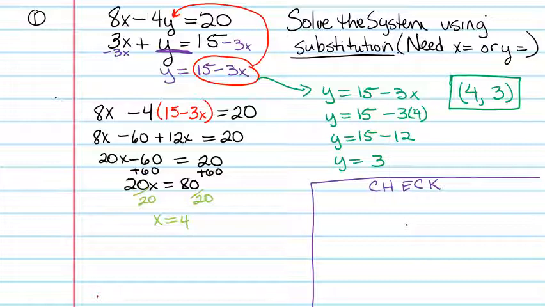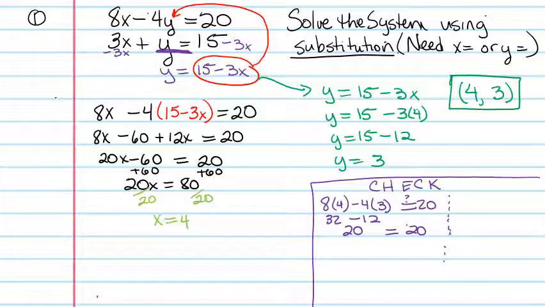We will check the first one, and so 8x, x is 4, minus 4y, and y is 3, that is supposed to be equal to 20. So let's check to see if it is. I get 32 minus 12, which is in fact 20. So it does check the first equation.